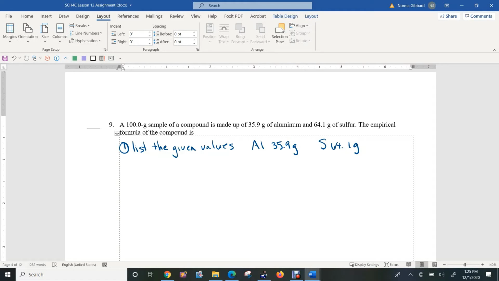Now, number 2, calculate the mass of each element in a 100-gram sample.